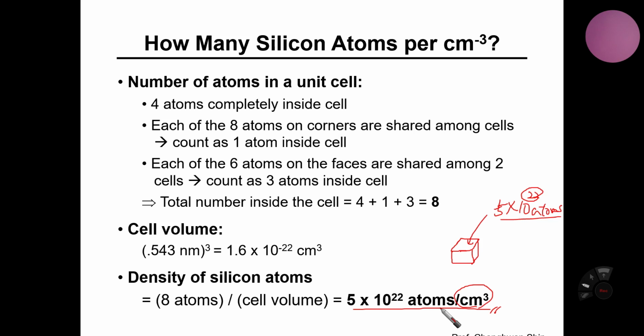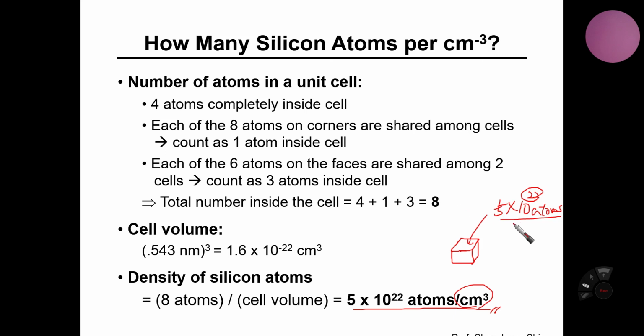So in the upcoming lecture, we need to estimate how many impurity atoms, non-silicon atoms, would be included for a given volume, maybe per cubic centimeter.